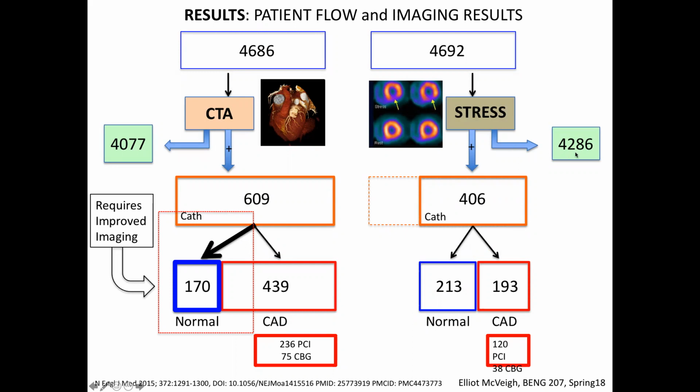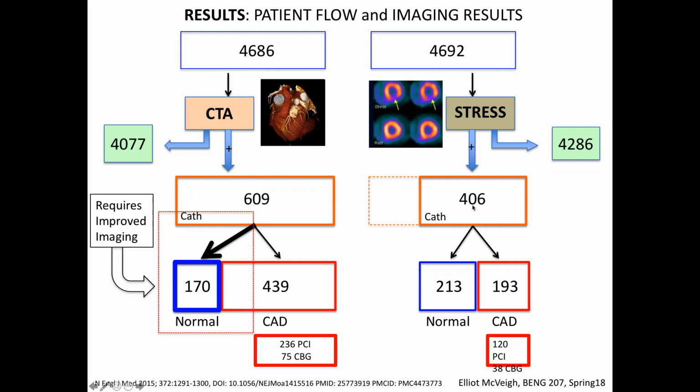4,286 were said to be normal after that. 4,000 were said to be normal over here. When you're abnormal, you go into the cath lab. That means they put the catheter in, they inject dye and look at it on X-ray. That's the gold standard of whether or not you have coronary disease. And over here, 406 people were positive enough to send them to the cath lab.